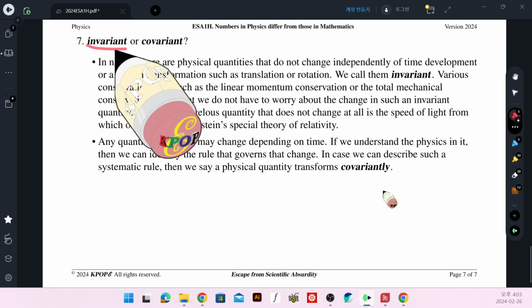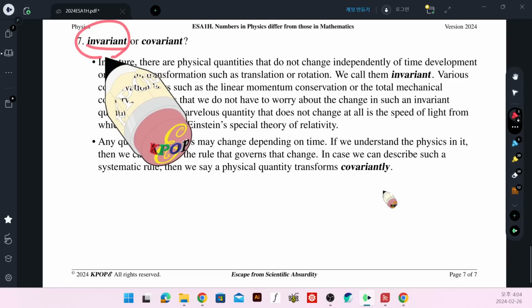As well as independence of time, we can also introduce the independence of a quantity not depending on time change, but depending on translation, rotation, so any kind of transformation. We can also say some physical quantity is invariant under some transformation.